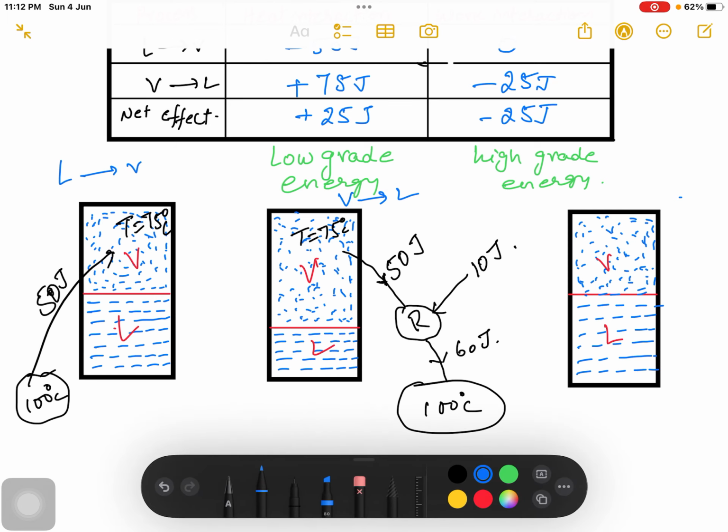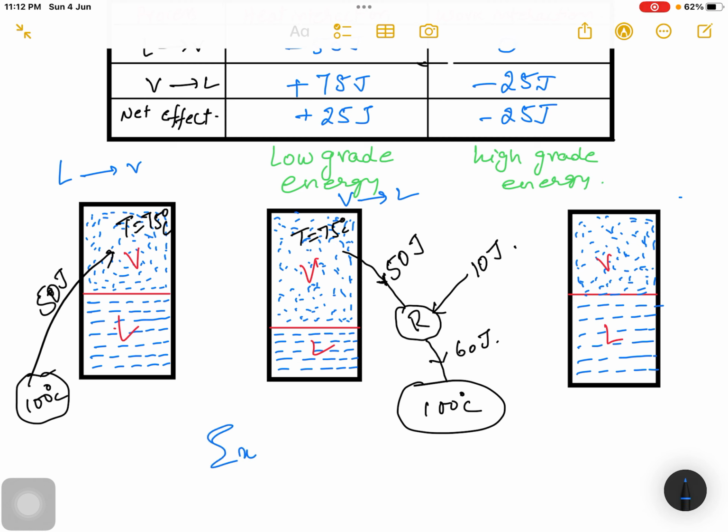Okay, this is an externally irreversible process.